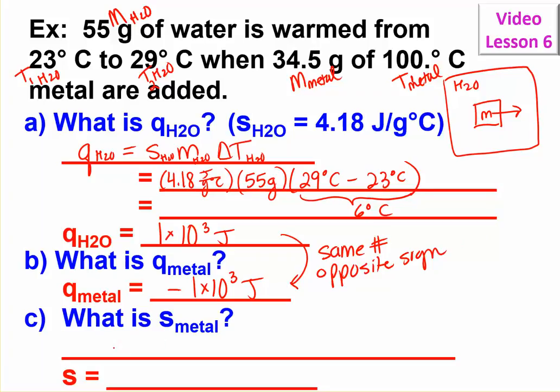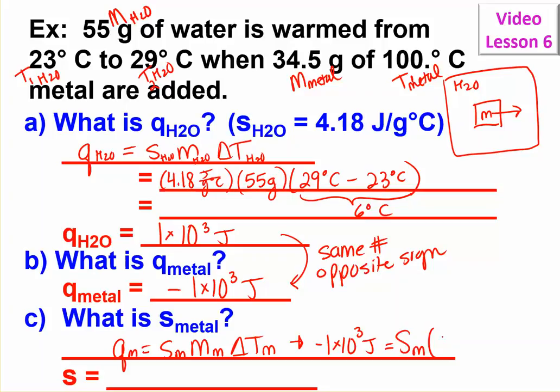We can go back to this equation, except use all the numbers for the metal. So I don't have a lot of room, so I'm going to write it over here. The Q for the metal, we already said. The specific heat for the metal is what I'm solving for.